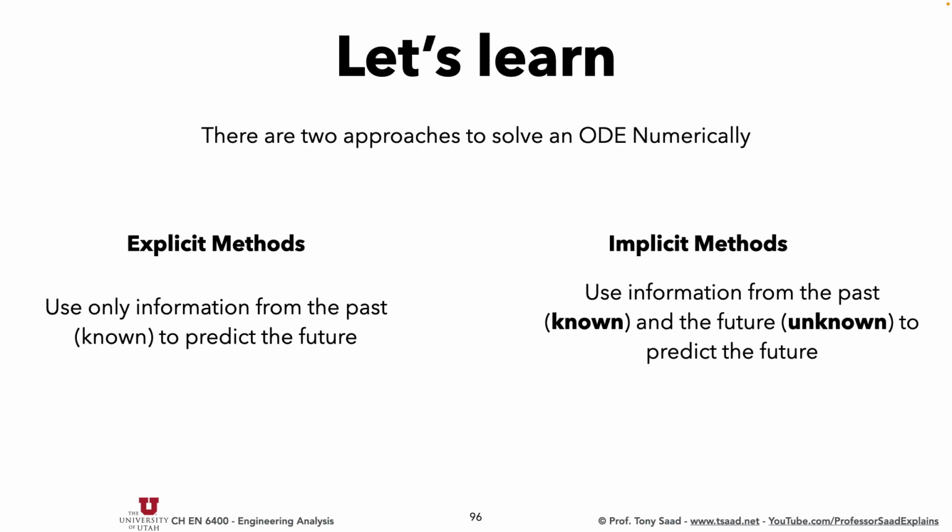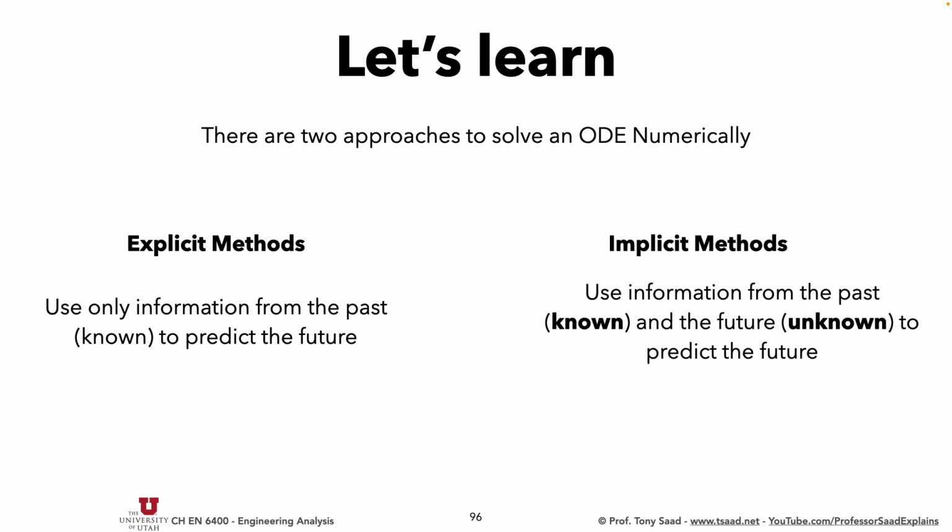In general, there are two approaches to solve an ODE numerically. Methods that we call explicit and methods that we call implicit. In explicit methods, we're trying to approximate the time derivative and convert it to an algebraic relation, just like we did with the heat equation. It's a little bit more involved with time integrators.